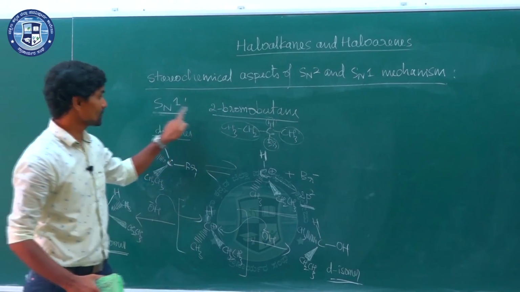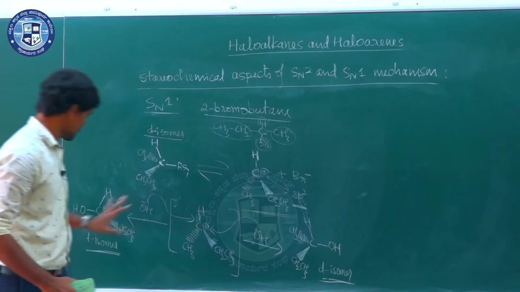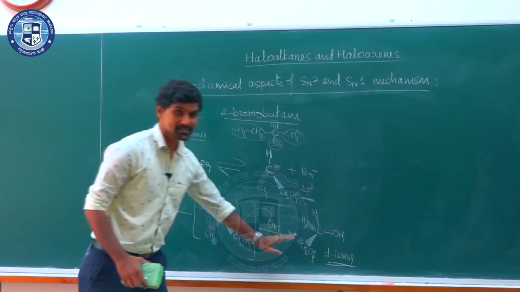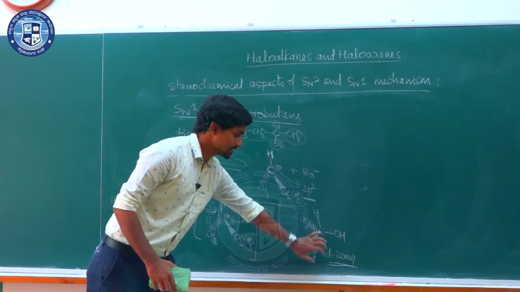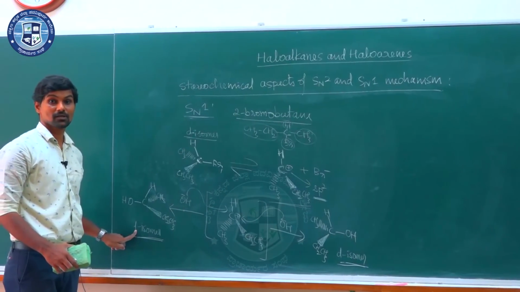So during the SN1 mechanism, 50% retention of configuration takes place, 50% inversion of configuration takes place. Because of that reason, you get equal proportions of D isomer and L isomer as a product.